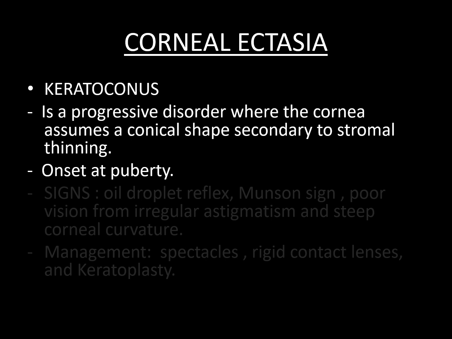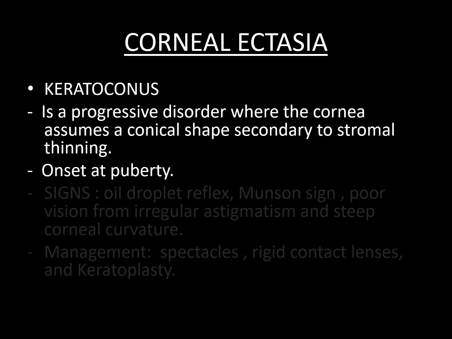So let's just retrace a little bit. Keratoconus is a progressive disorder that falls under the corneal ectasias, where the cornea assumes a conical shape secondary to stromal thinning. Like I said, the stroma is thin, and that then deforms the cornea.